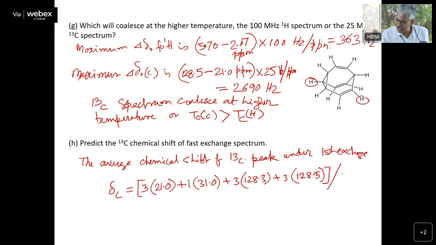Now how many carbons are there? 3. Like exactly like protons, the weighted average of all the chemical shifts of carbon, and if you do that, you will get a single peak.